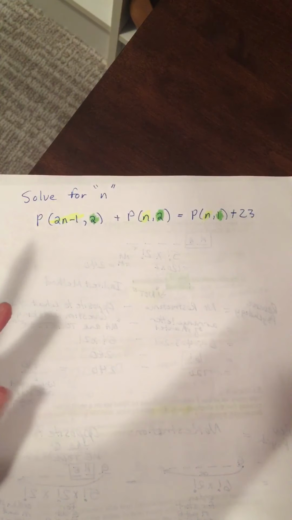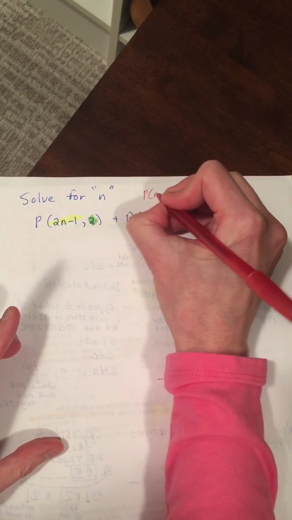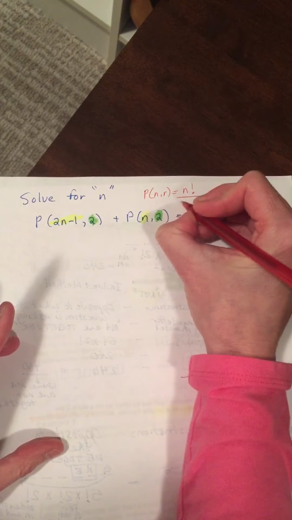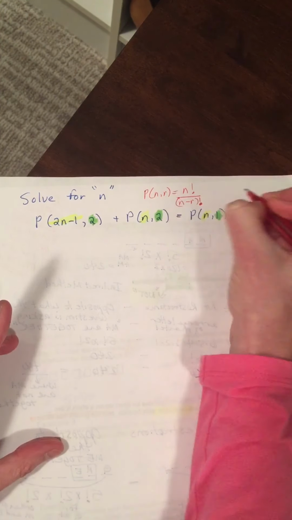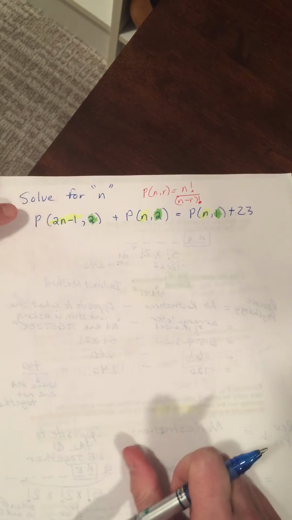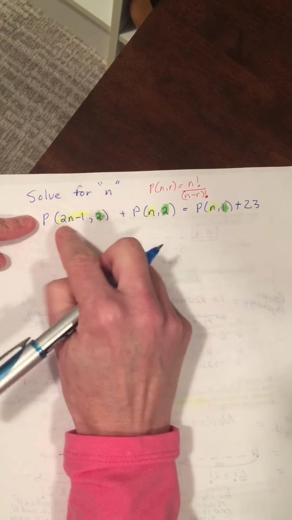Now, right up here, I could just take a second and rewrite the formula for a permutation, just so we're aware of it. I'm presuming most of you know that it's n factorial over n minus r factorial. So let's start slowly. I'm going to write slow and write big.